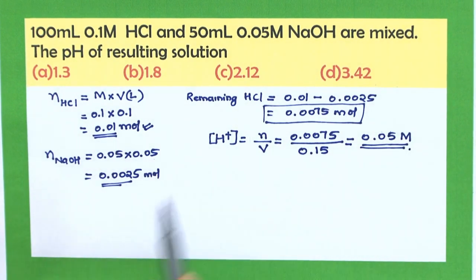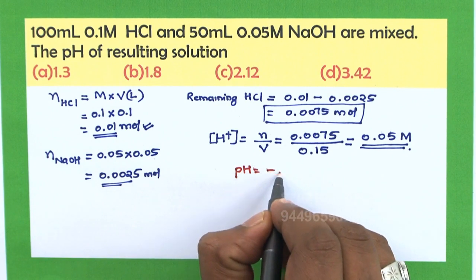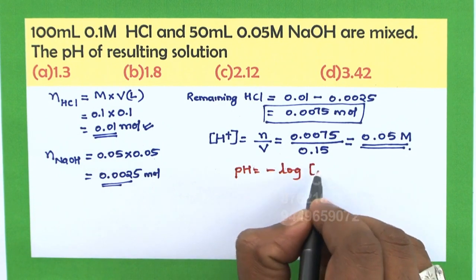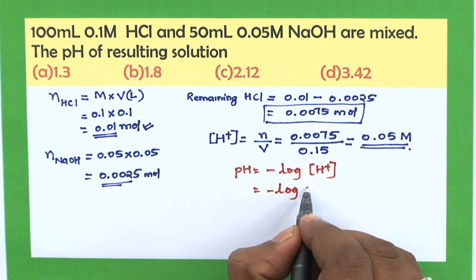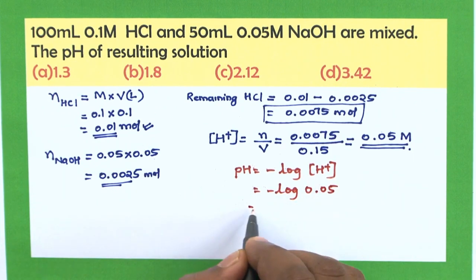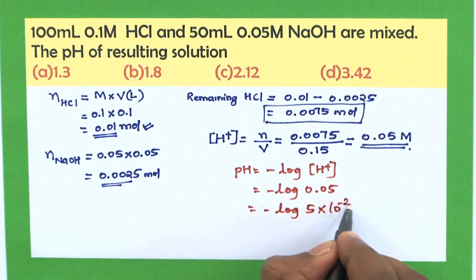Once you have got the concentration of HCl, you can calculate the pH of the solution. The pH is given by the formula pH is equal to minus log of H plus ion concentration, that is equal to minus log of 0.05, that is minus log of 5 into 10 to the power minus 2.